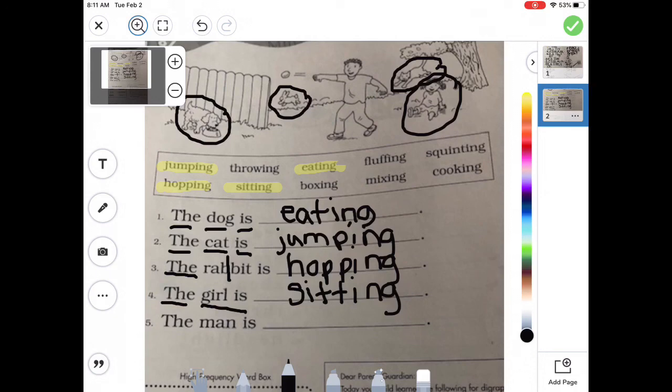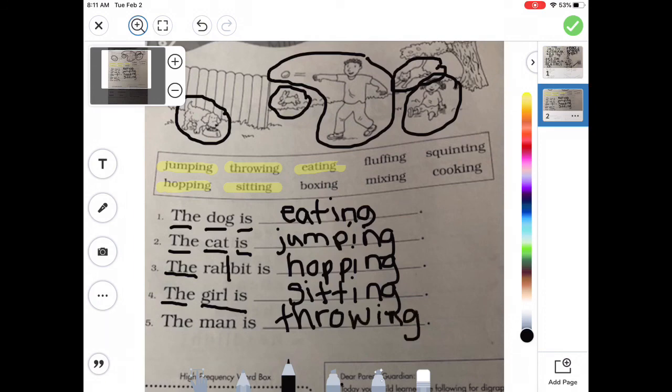The man is, what's he doing? Look at that. He is throwing. So where do you see throwing? That's right. It starts with that the TH. Throw, and then ing. The man is throwing.